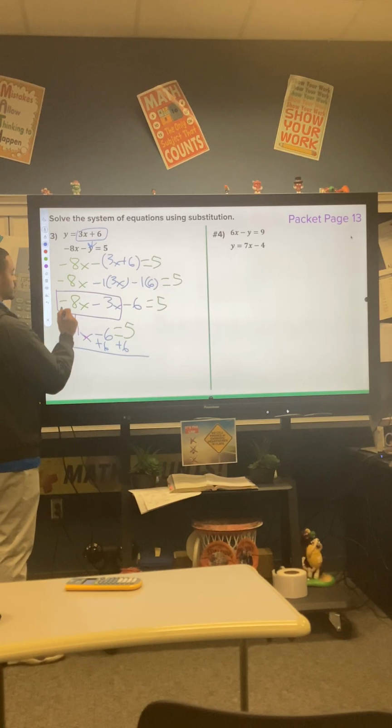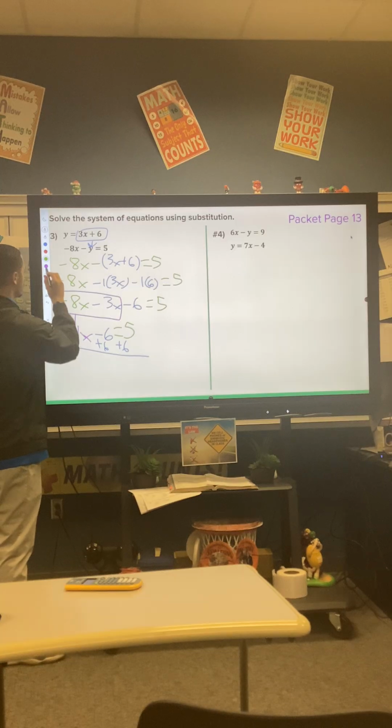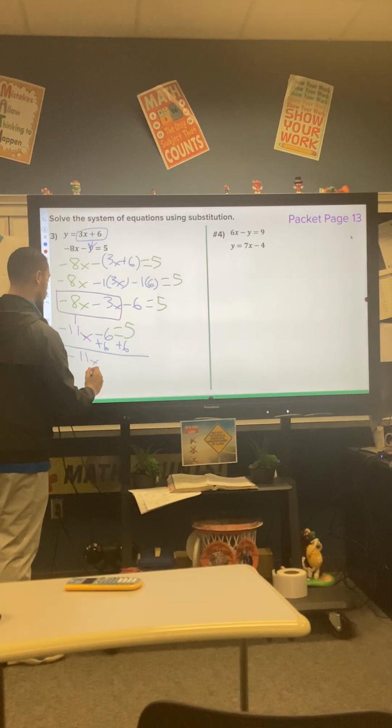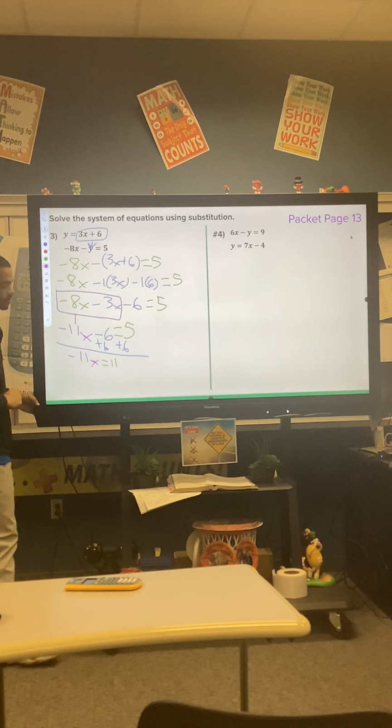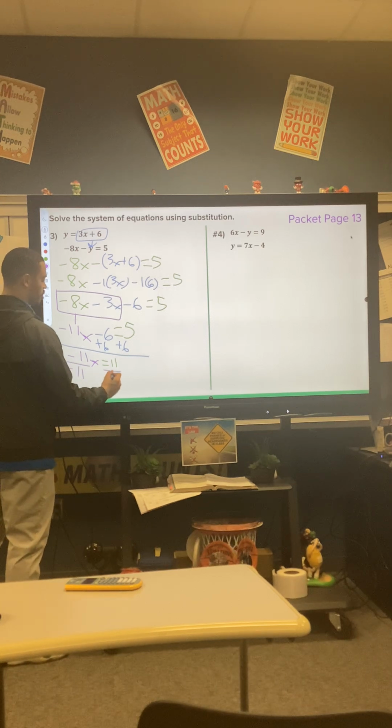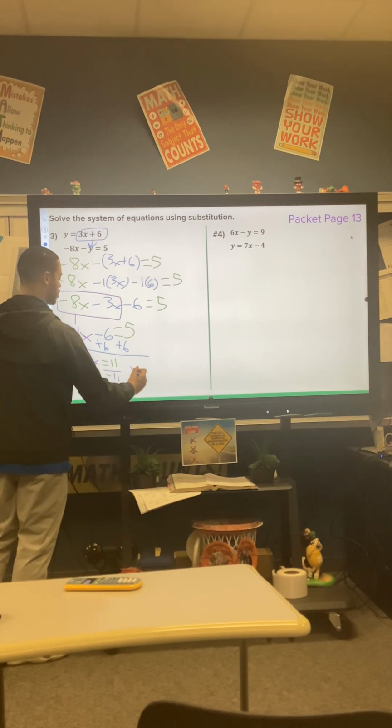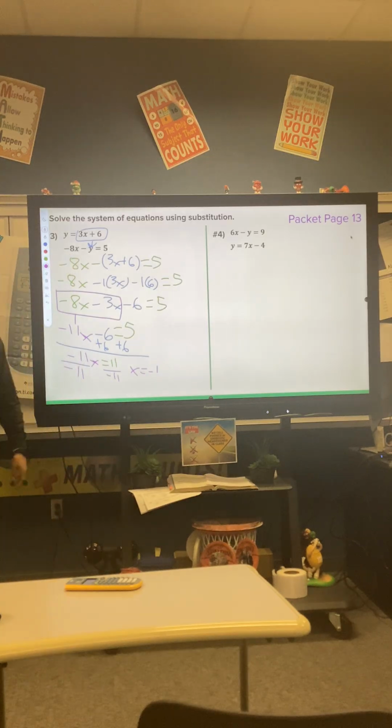So what's 5 plus 6? This will be 11, right? So now I'm going to take my -11 and divide it by each side. So my x would be a -1.